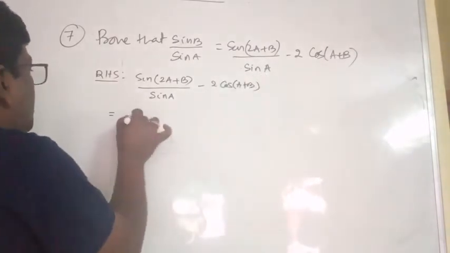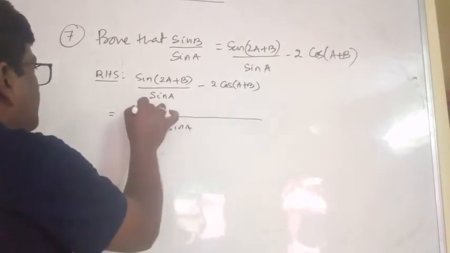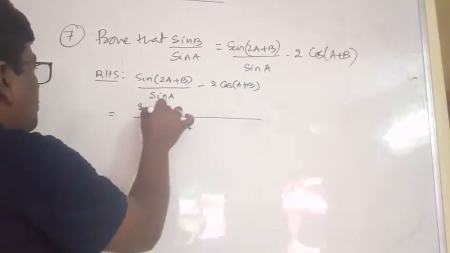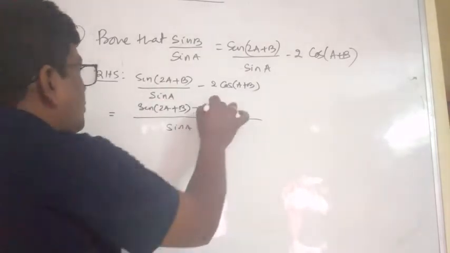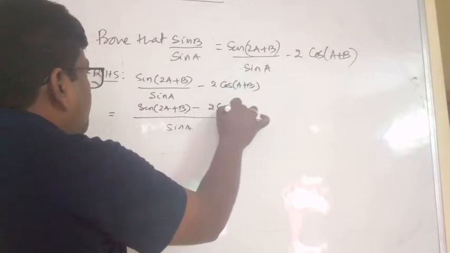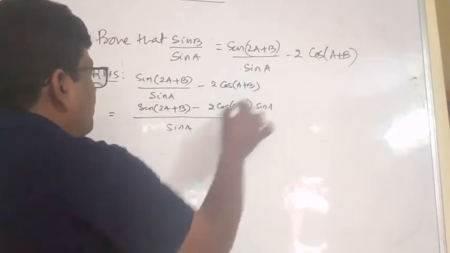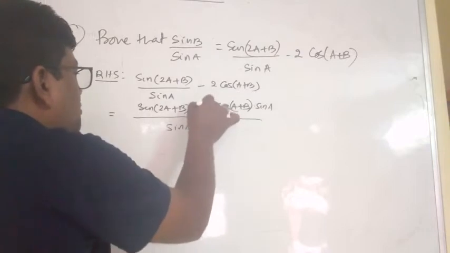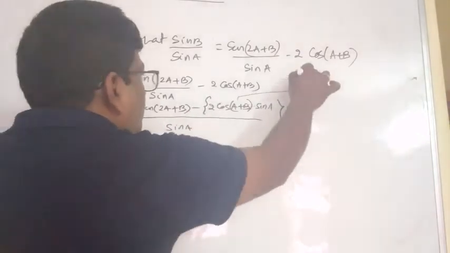So LCM is sin a. This is equal to sin 2a plus b minus 2 cos a plus b into sin a. Okay, this will be what? Which formula can be applied here?